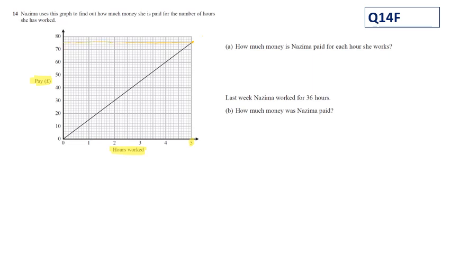Now when you draw this line going across to the y-axis so you can read this number, you need to be very careful you do that with a ruler, and you need to make sure that that line is straight. But you can see here that for 5 hours she'll get paid £75.